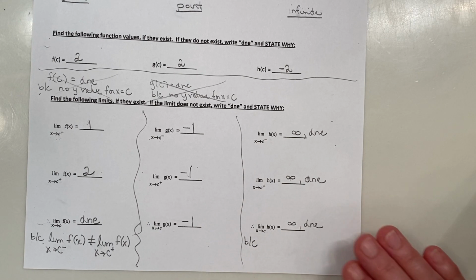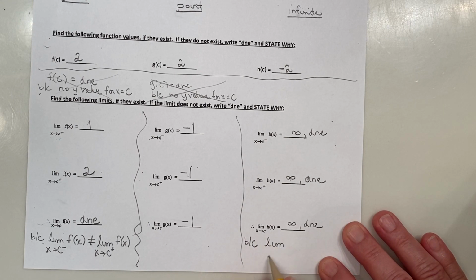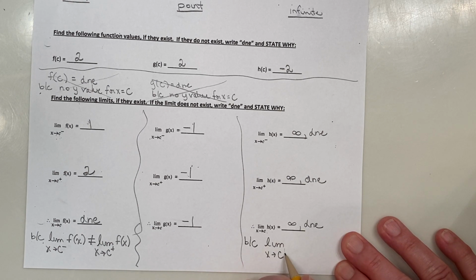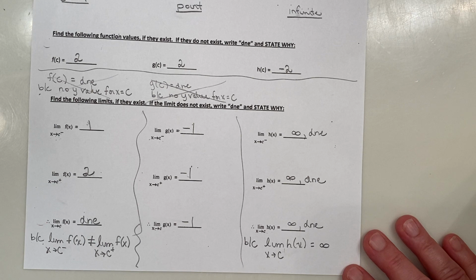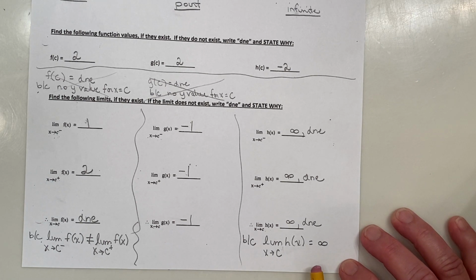So we're going to put because the limit as x approaches c, and I'm not going to worry about the plus and the minus here from the left and the right, of h of x equals infinity. That would tell somebody that knows about limits that a limit cannot approach infinity and exist.